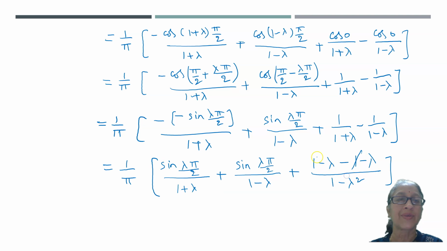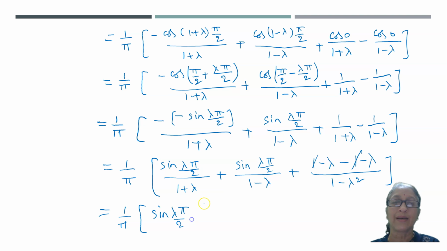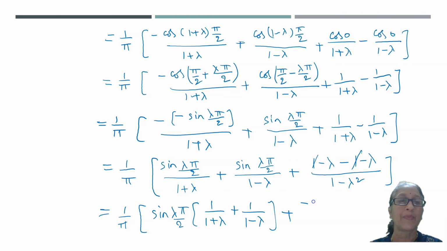So here minus 1 plus 1 will get cancelled. We get 1 by pi. If you take sin lambda pi by 2 common, you get 1 by (1 plus lambda) plus 1 by (1 minus lambda) plus minus 2 lambda upon (1 minus lambda square).